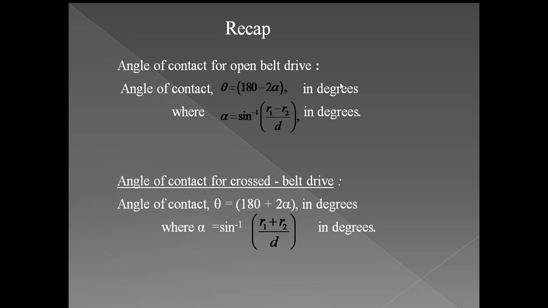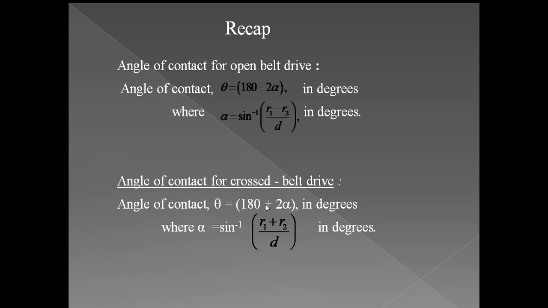So we need to design the angle of contact for the open belt drive on the smaller pulley only, because it has less contact, so in power transmission it will slip first. That's why we design the angle of contact of the open belt drive for the smaller diameter pulley. So theta is equal to 180 minus 2 alpha.